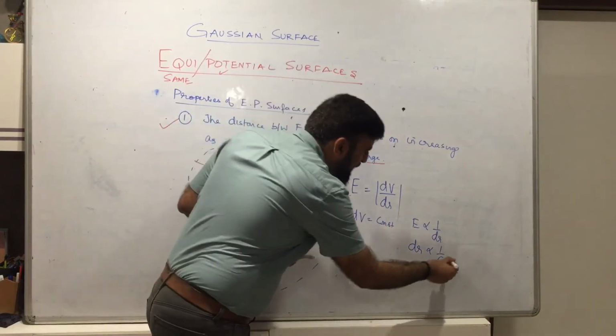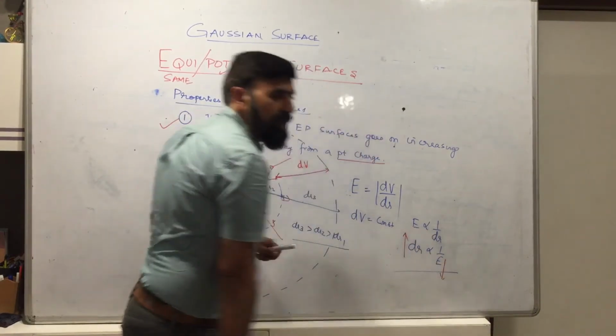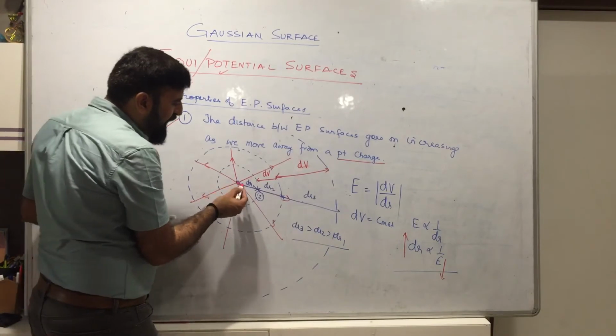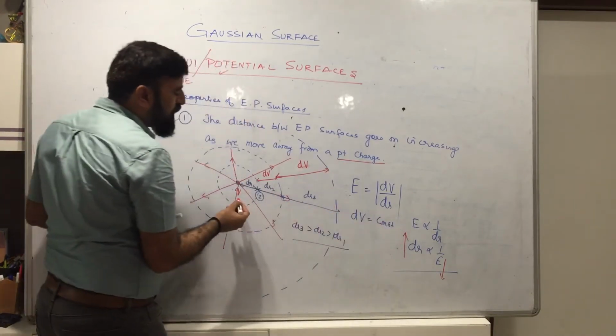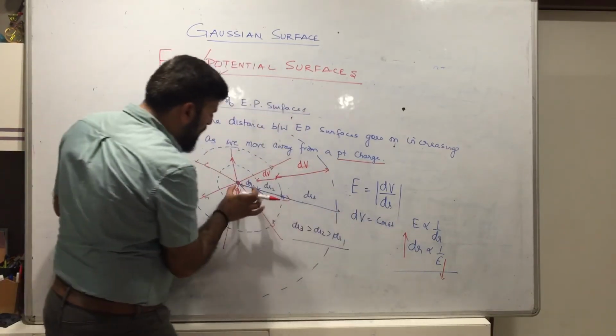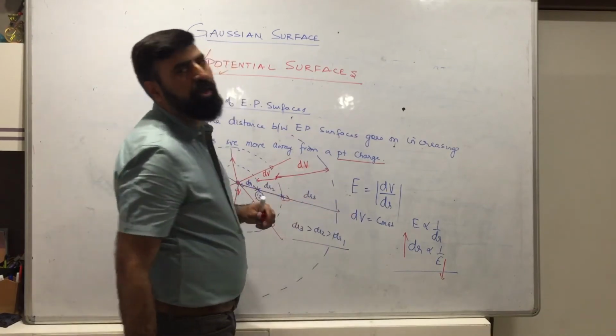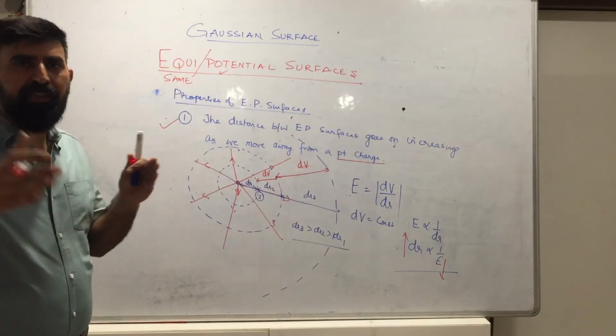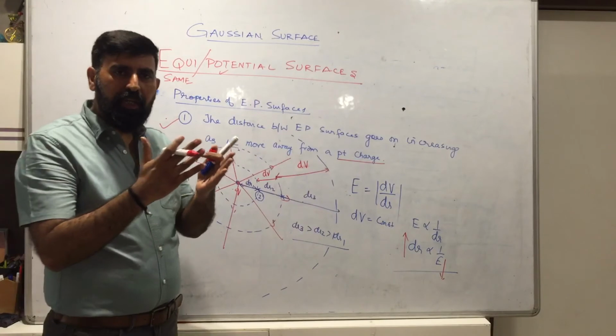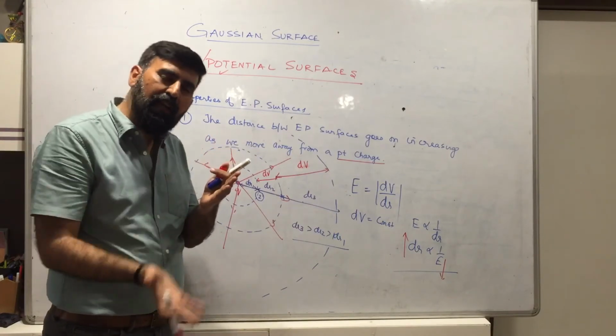If E decreases, obviously dr increases. So when we move away from the point charge, E goes on decreasing, so dr goes on increasing.